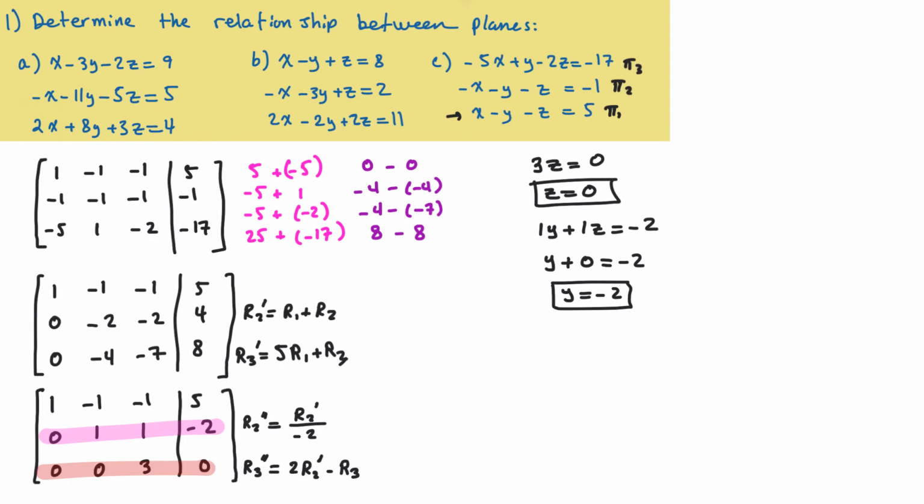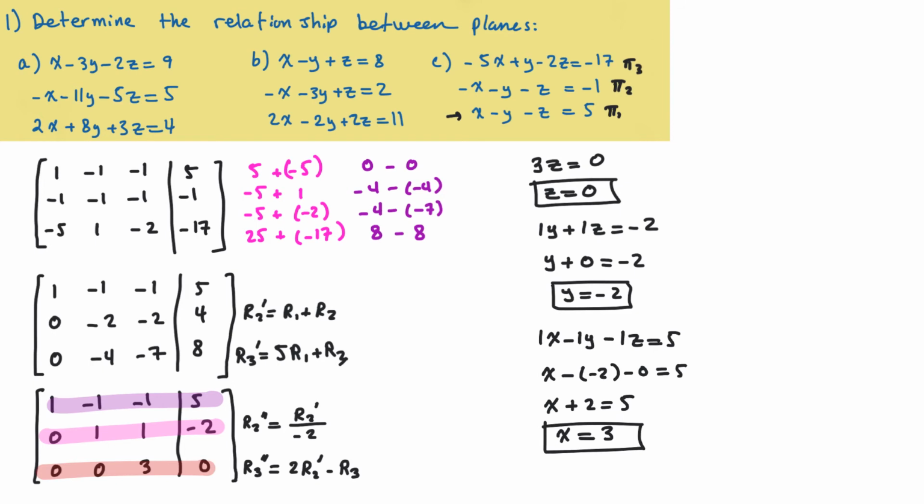And finally, for the very first row here, we are going to use that. And we are going to have 1 times x minus 1 times y minus 1 times z is equal to 5. That's x minus y, which is -2, minus z, which is 0, is equal to 5. That's x plus 2 is equal to 5, and that's x is equal to 3 when we subtract both sides by 2.